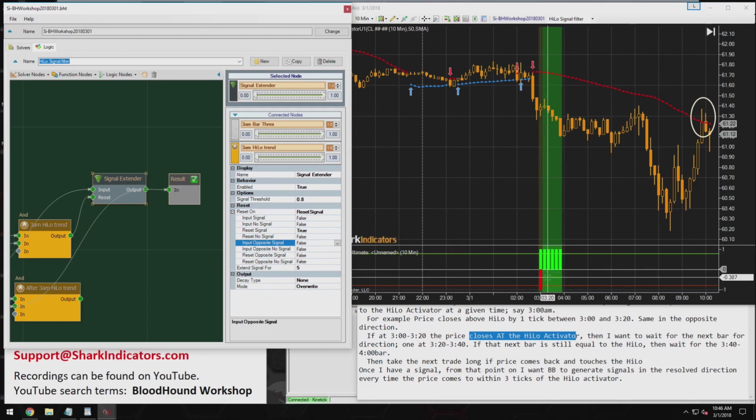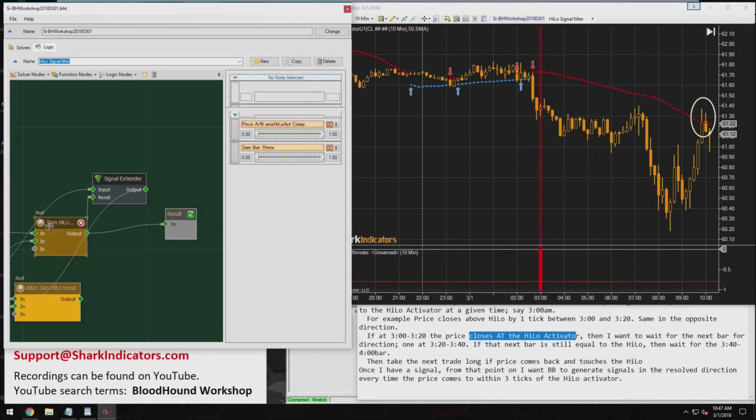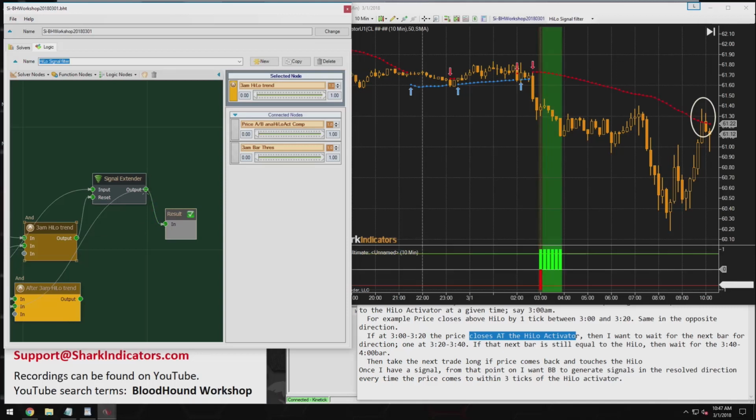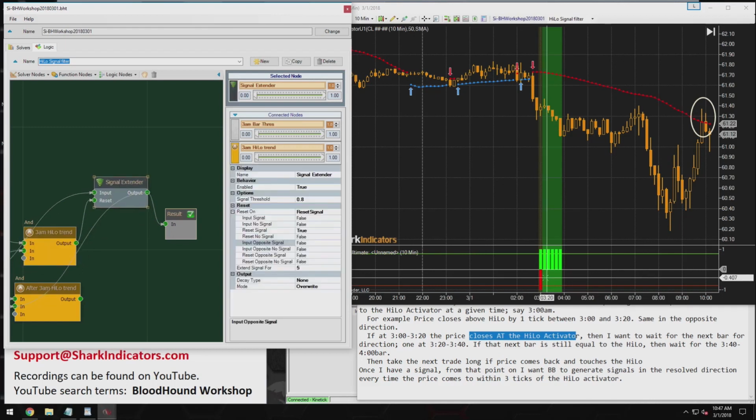If you notice the output here, the short outputs are turned off. That's because what's coming out of this AND node is a short signal. That short signal going into the reset is turning the short side off of the signal extender.